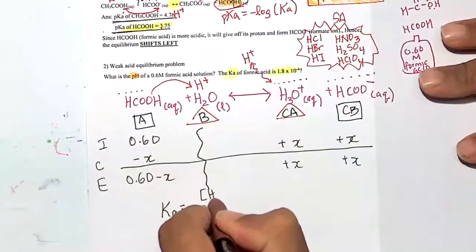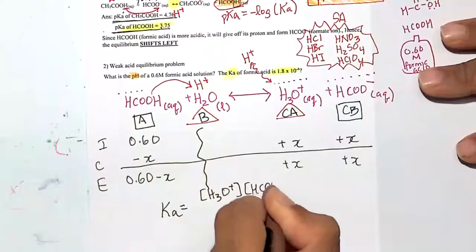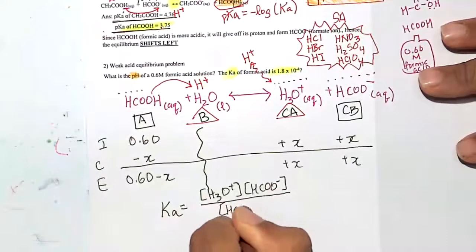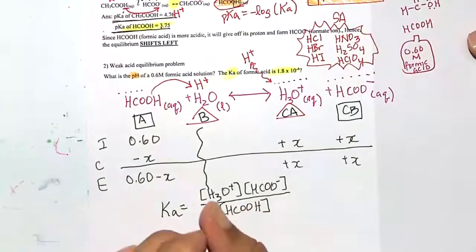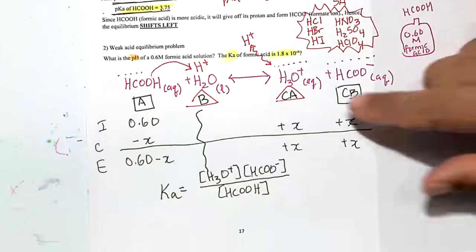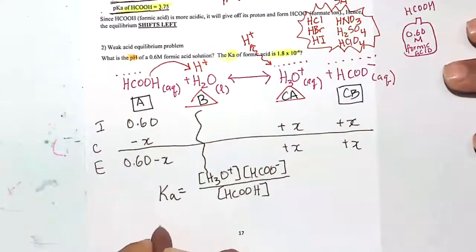Ka is equal to H3O plus times HCOO minus divided by HCOOH. Okay, this is called products over reactants. Okay, we do not put solids, we do not put liquids in there. Okay, Ka is given to us as 1.8 times 10 to the minus 4.